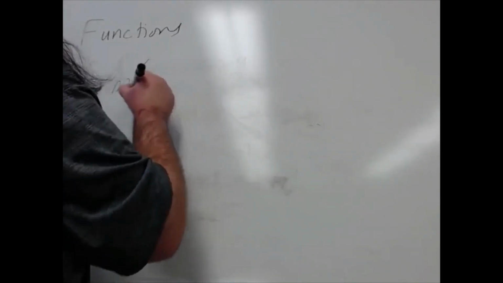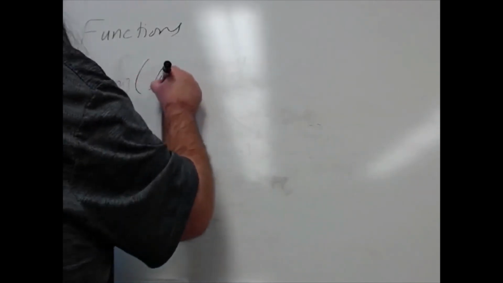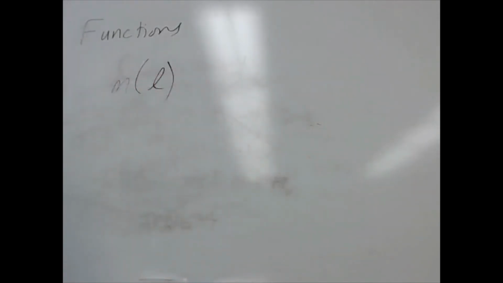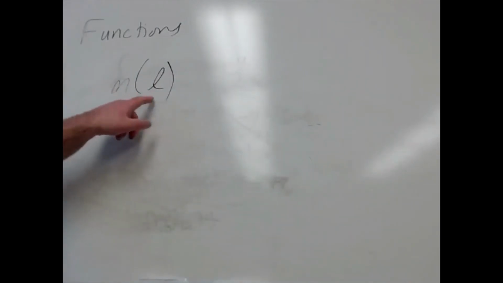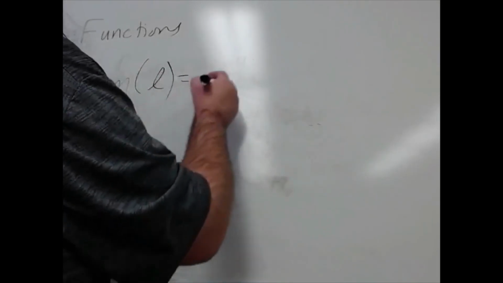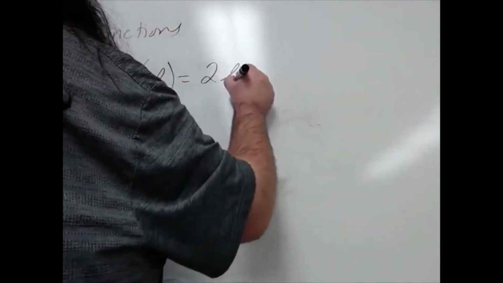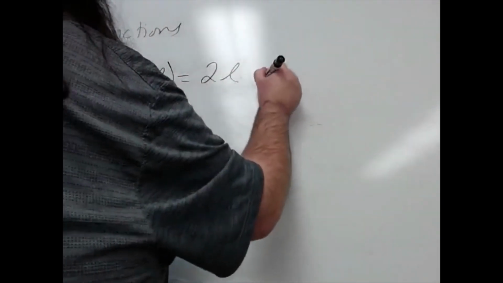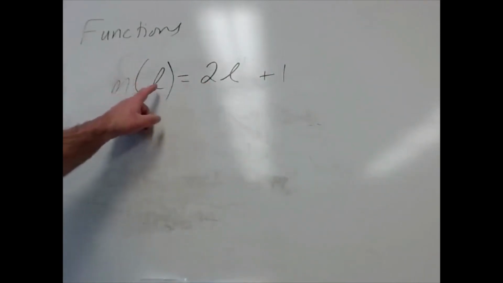and what it does is it uses L as my input. So this is function M, and L values go into the box. So what M does is it takes my L values, multiplies them by 2, and then adds 1. So this is the box, the machine. The machine is M, and it depends on L's.